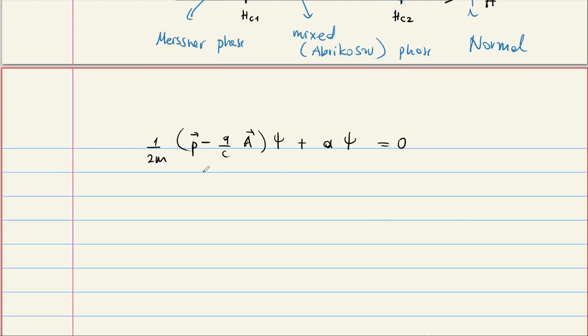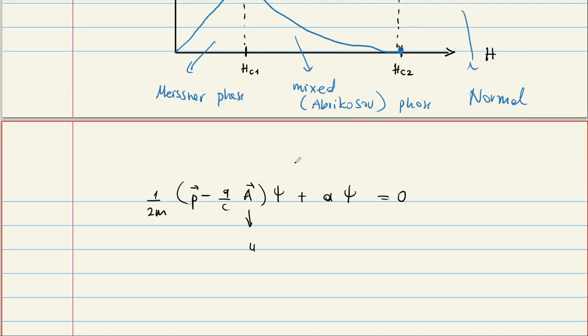And to solve this equation, in the vicinity of this region, I can assume that the magnetic field is now entering the superconductor uniformly, and I can think about a uniform applied external magnetic field. The applied magnetic field is equal to the physical field inside the superconductor.